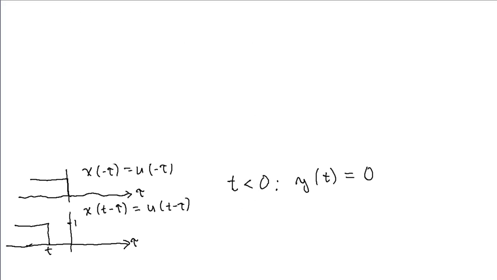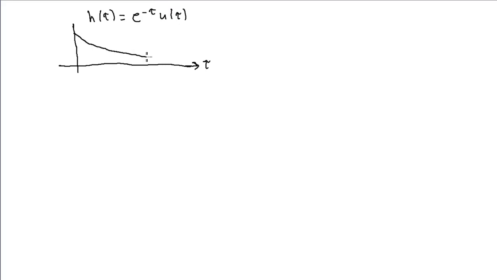Let me go to a new board here. Again, I'll sketch h of tau. It's e to the minus tau u of tau as a function of tau. Again, it looks like this, a decaying exponential.